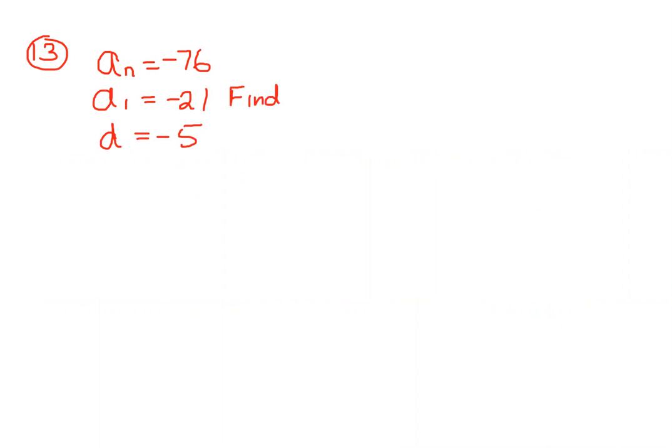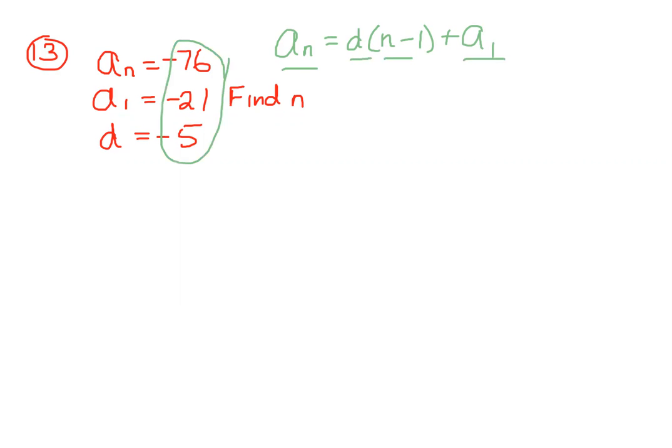Find N. So looking at our equation, in this equation we have 1, 2, 3, 4 unknowns. We're given 3 of them, so let's find the other one that we don't know. So we're going to say negative 76 equals negative 5 times N minus 1 plus negative 21. And we're going to solve for N.